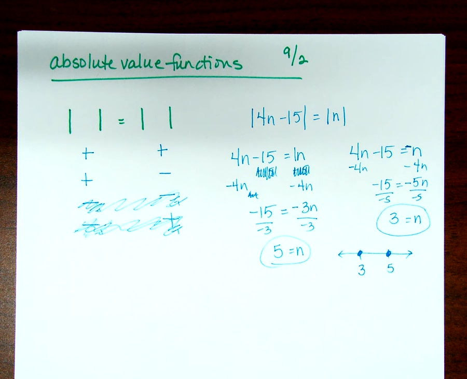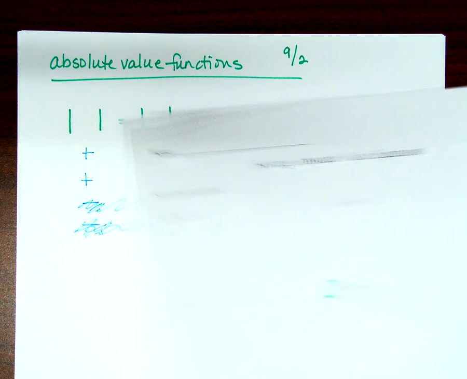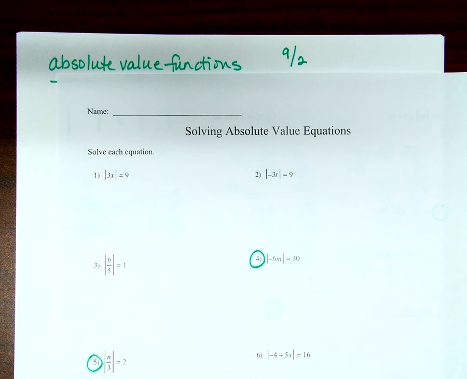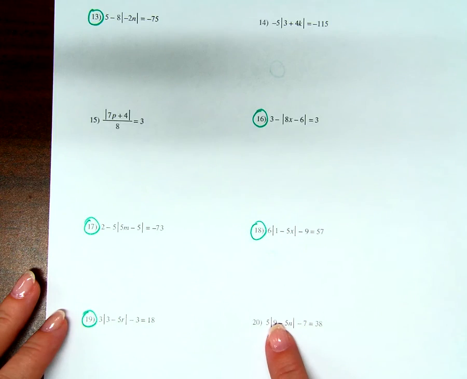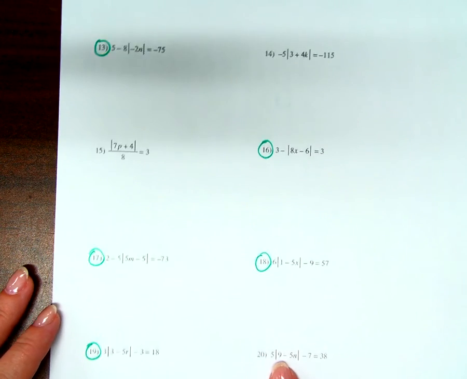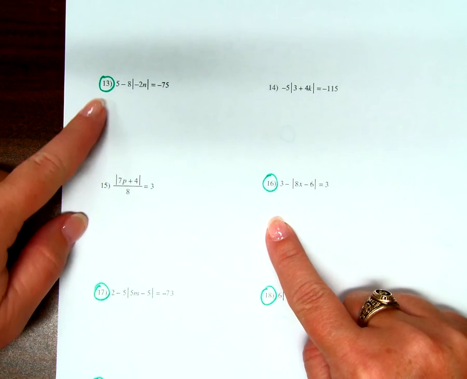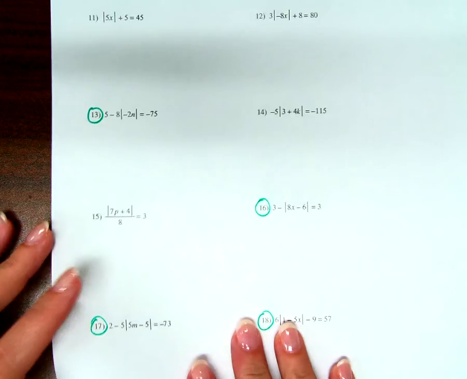So, today you have a worksheet that I want you to do, okay? Please notice on this worksheet there are 20 questions. But also please notice on this worksheet there are circles, right?